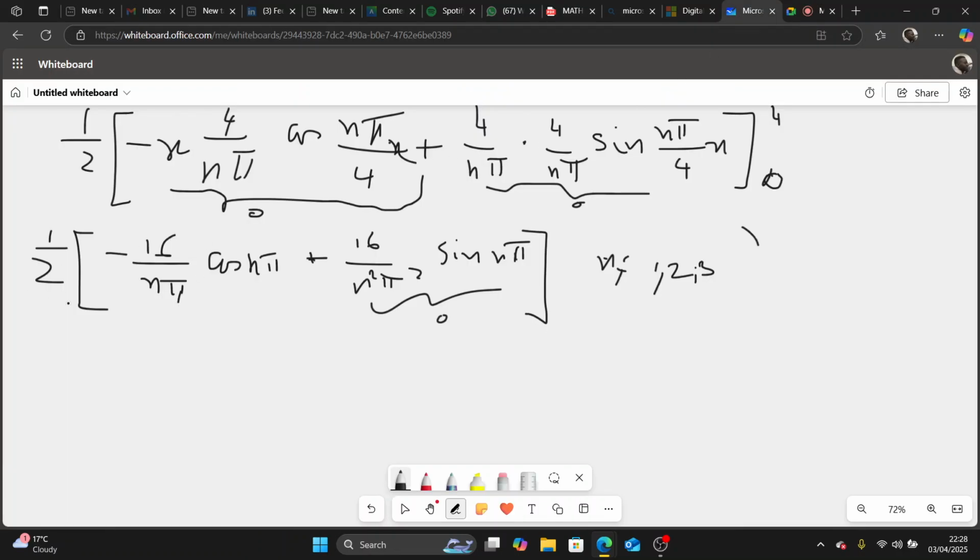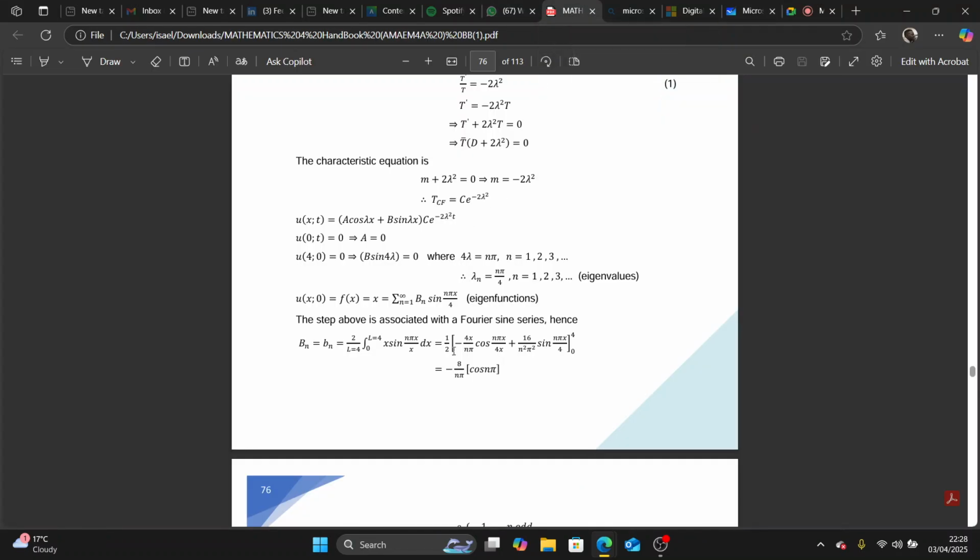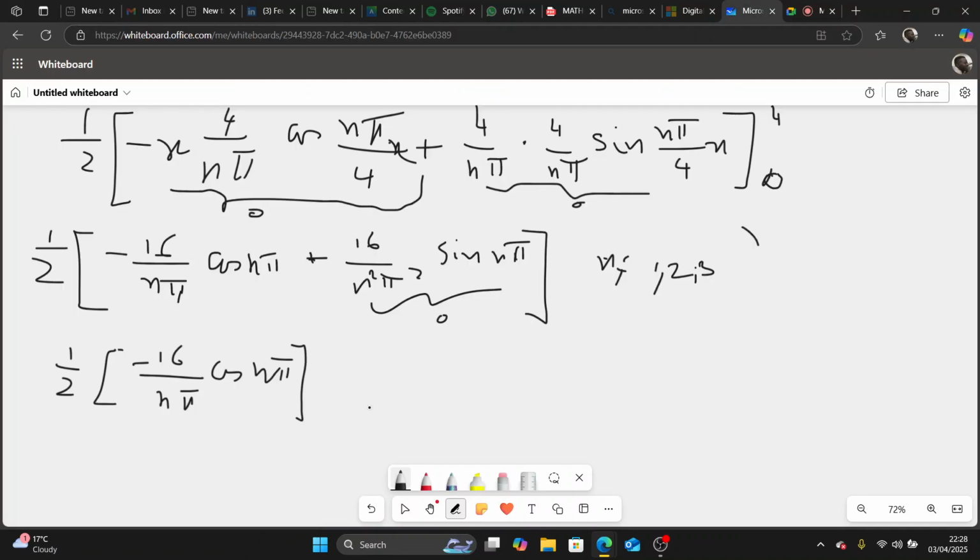So here, manager, if this gives 0, what are we left with? We are left with half multiplied by what? Minus 16 and pi cos what? That is how you see this solution, how they came about this one. How many marks do you think this question is going to have?